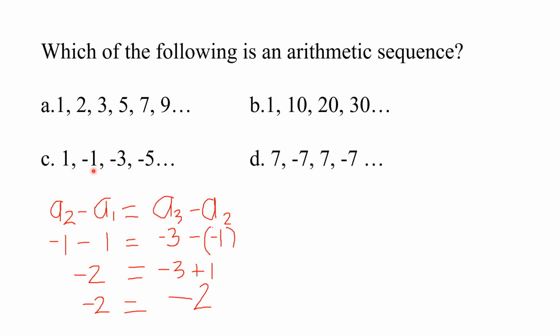We have negative 1 minus 1 equal to a3, that is negative 3 minus the second term, negative 1. Simplifying, negative 2 on the left, and on the right negative 3 plus 1, because negative times negative is positive, that is negative 2. Hence, a2 minus a1 and a3 minus a2 are equal. Therefore, the correct answer is letter C.